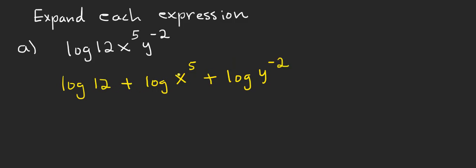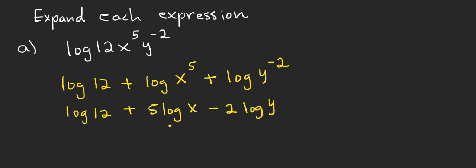We're not done yet because we can still apply the power property. So we get log of 12 plus 5 log of x minus 2 log of y. And we're done expanding.